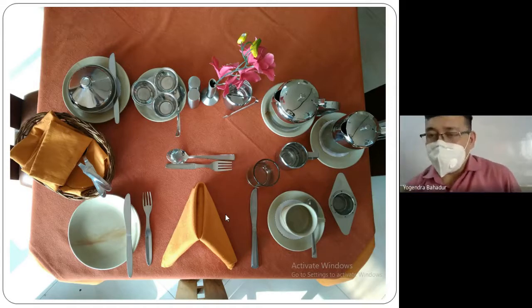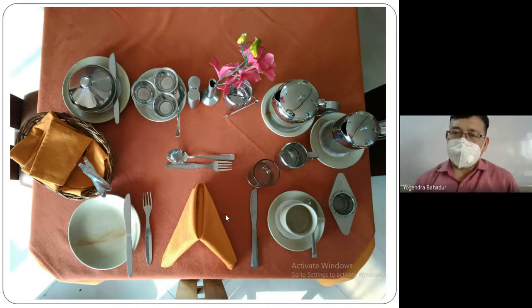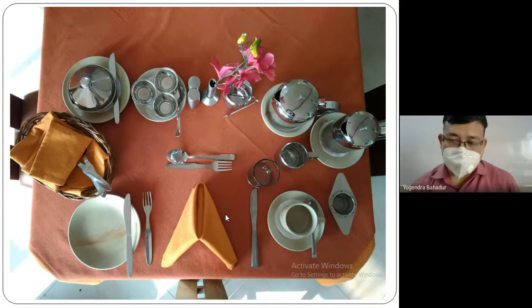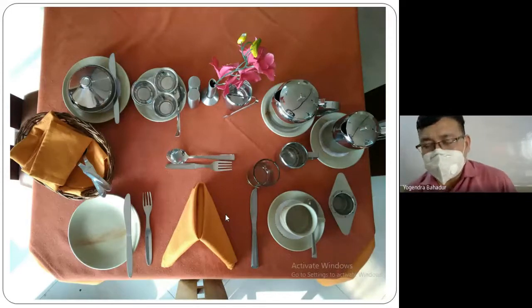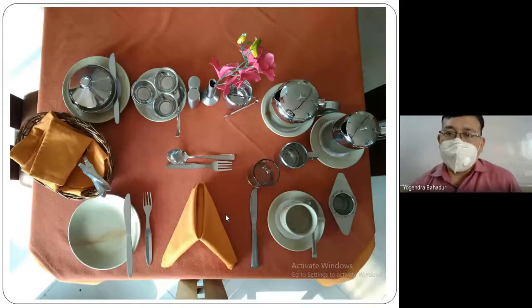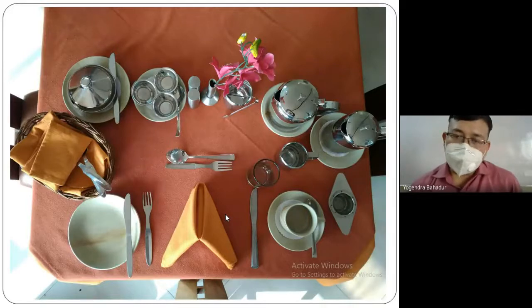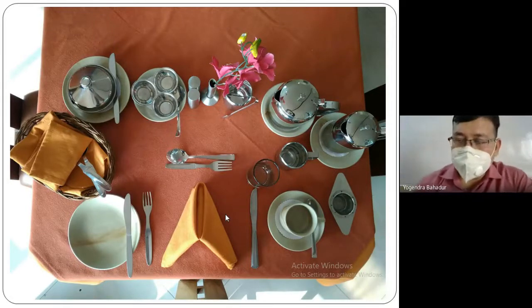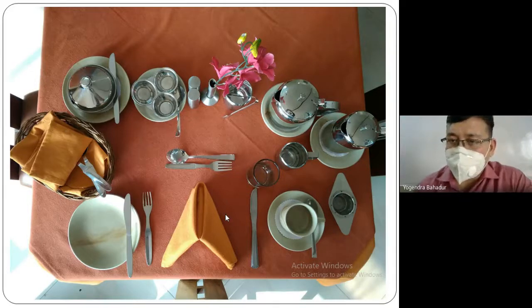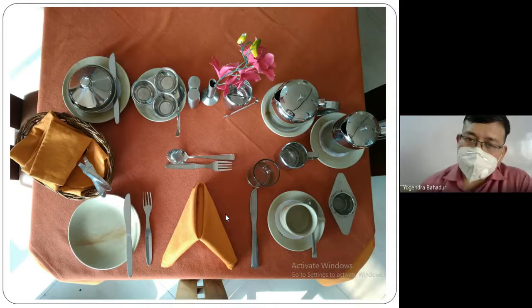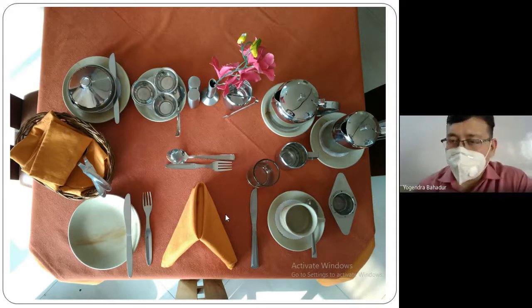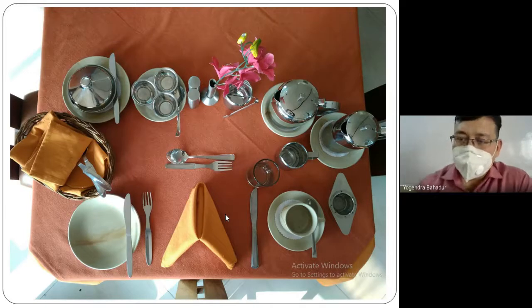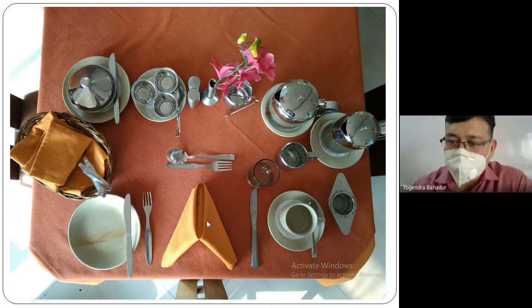So if you memorize the English breakfast setup, then you can easily answer the American breakfast setup, because while memorizing the English breakfast setup, you have to learn all the things, and just converting that English breakfast setup into the American one, you will have to remove one major thing, that is the fish knife and fish fork.